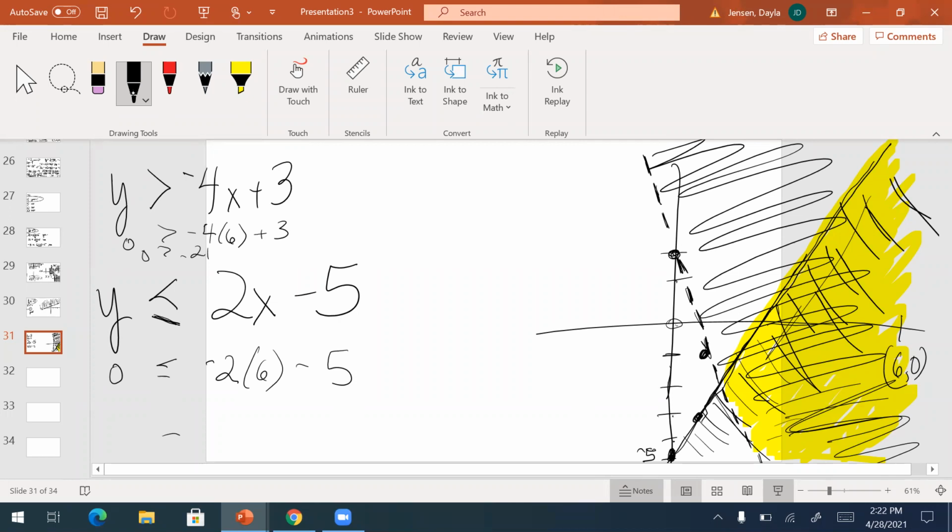What did I do? Is 0 less than negative 12 minus 5? Did I do that one wrong? Yeah.